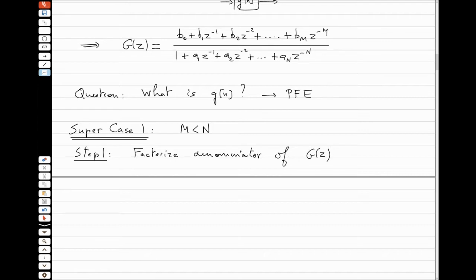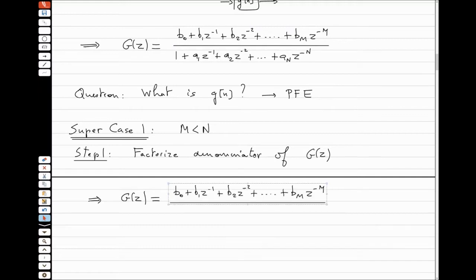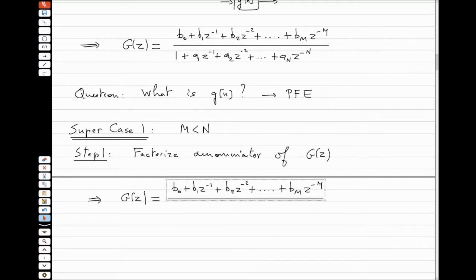As we have seen with the second order case, the factorization of the denominator is of the following form: 1 minus lambda 1 z inverse times 1 minus lambda 2 z inverse times, and so on.